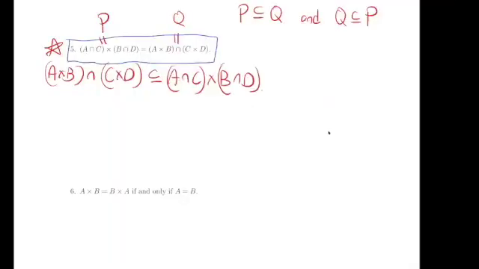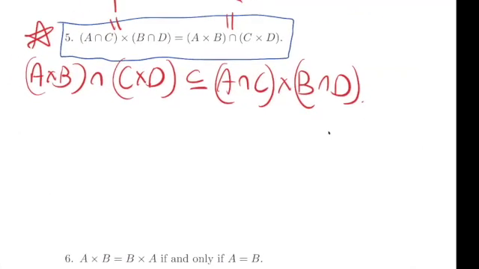Okay, so we're on this one and we proved one direction. And so now we want to prove the right side is a subset of the left side. So how can we go through this one? Did the groups get, I know some of them got through this part.